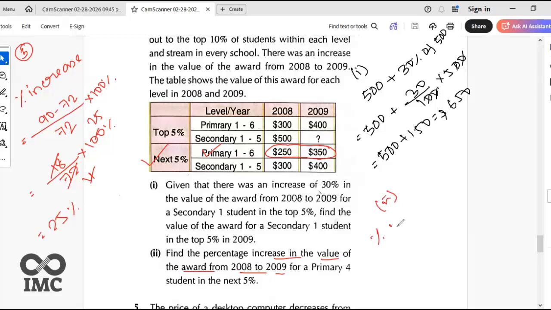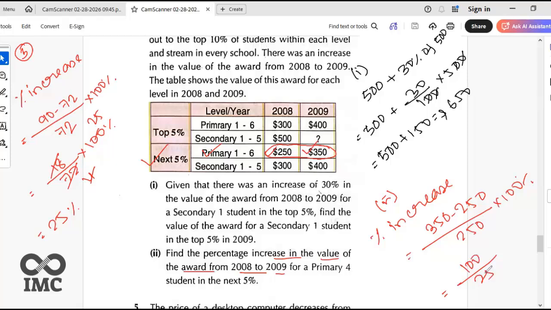Percentage increase will be the difference, actually the increased value. At first it was 250 and now it is 350. So 350 minus 250. What is the original? 250, into 100%. So we can write 100 by 250 into 100%.